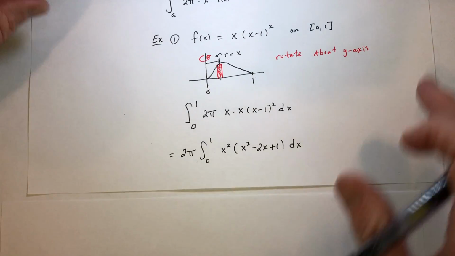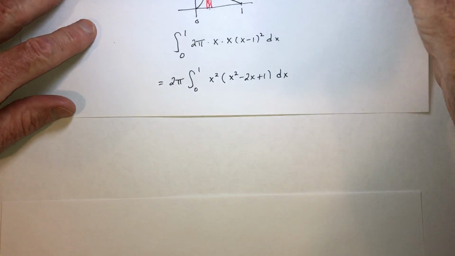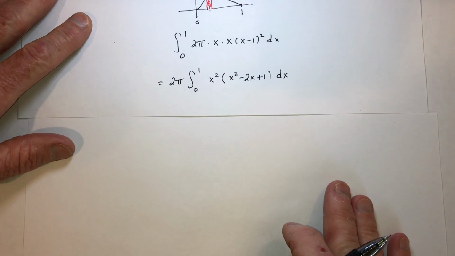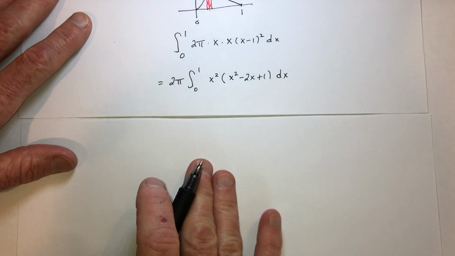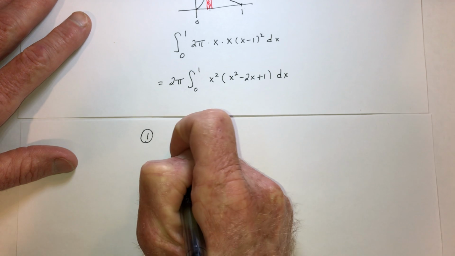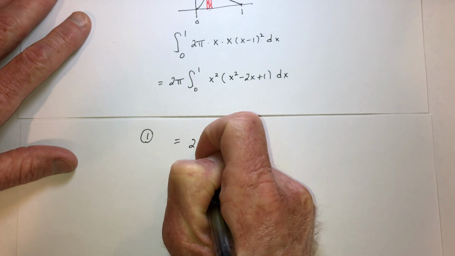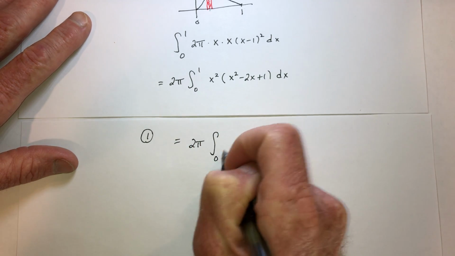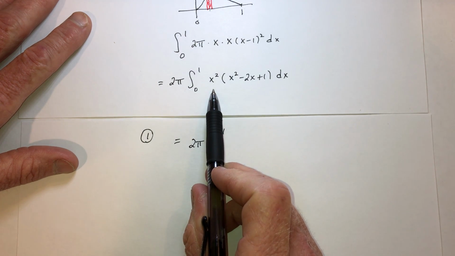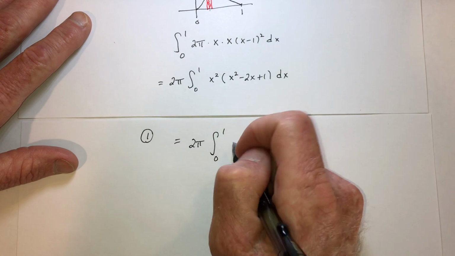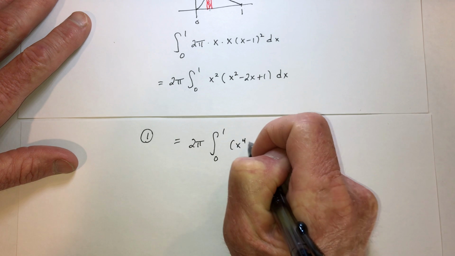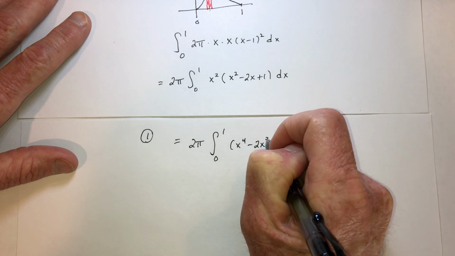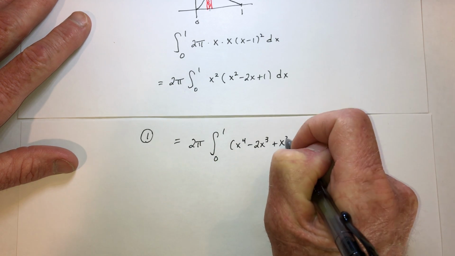And then continuing, so that's going to be 2 pi times the integral. And then go ahead and distribute this x squared. So it would have x to the 4th minus 2x cubed plus x squared.